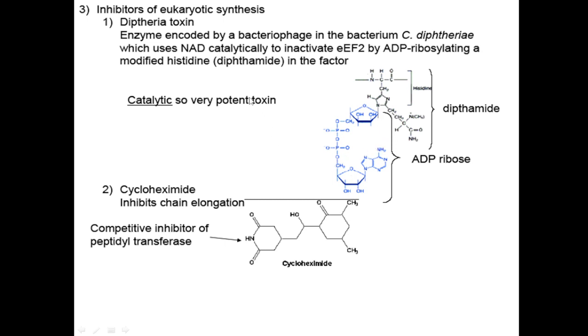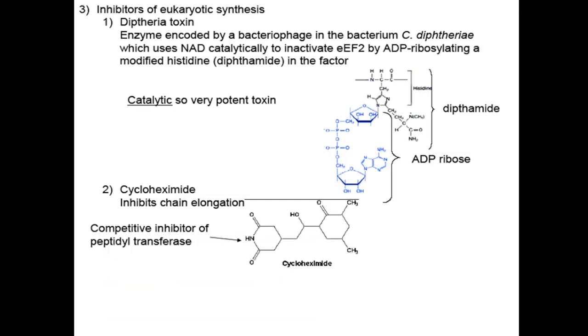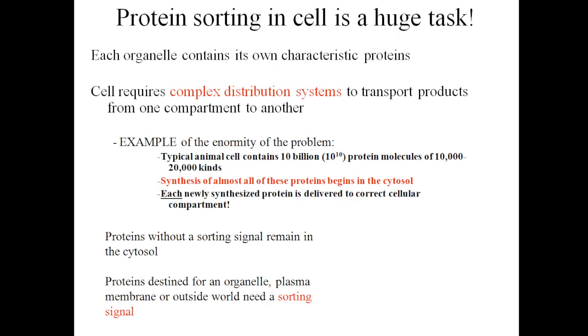It is the toxin of diphtheria, very important for it. Cycloheximide inhibits chain elongation for prokaryotic and eukaryotic cells together, preventing action of peptidyltransferase. All of this is very important for synthesis.